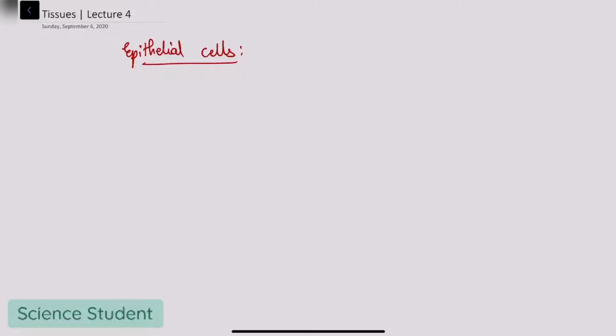Epithelial cells also have a main function of protection against foreign substances. These foreign substances are harmful to our body in some way or other, so we need protection.